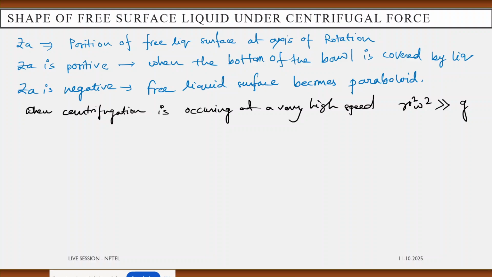This means that omega square r square by 2g is also very much greater than 1, right?